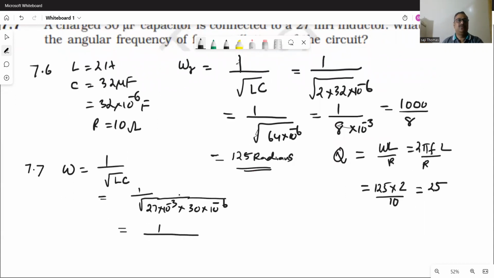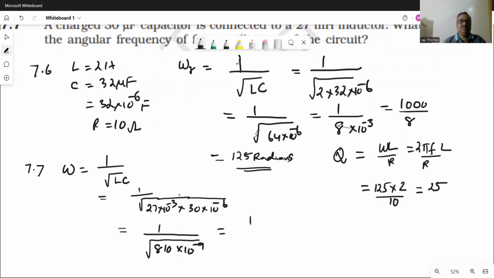1 divided by root of 27 into 30 into 10 raised to minus 9. This is 810 into 10 to the power minus 9.